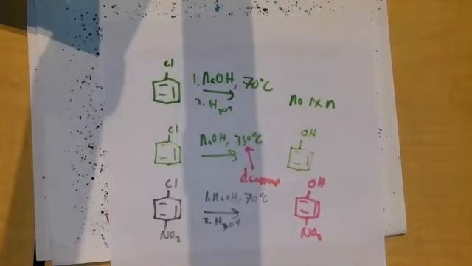How do you know when to add O to the ring itself when doing the MCPBA reaction?